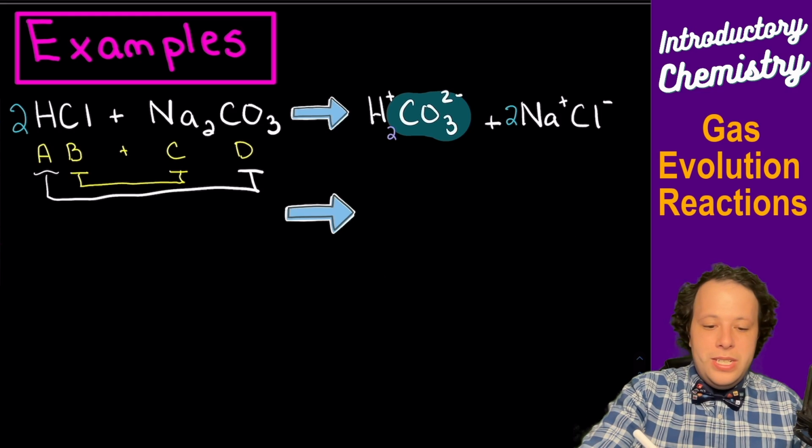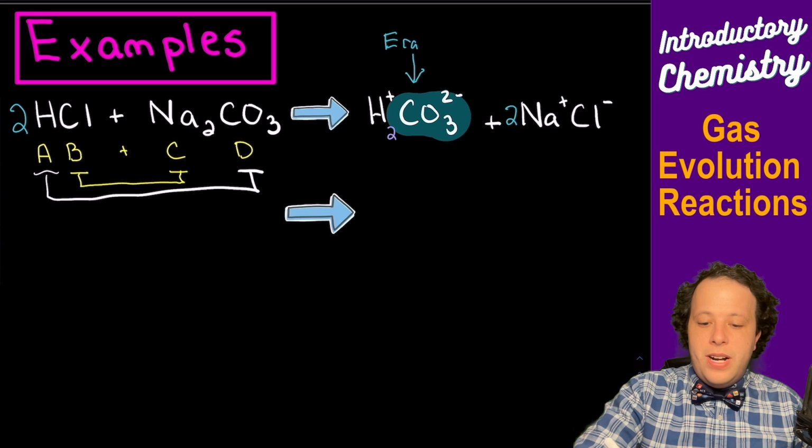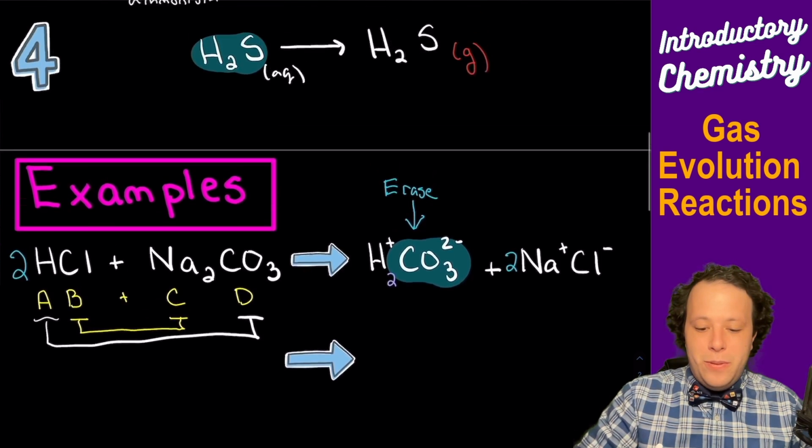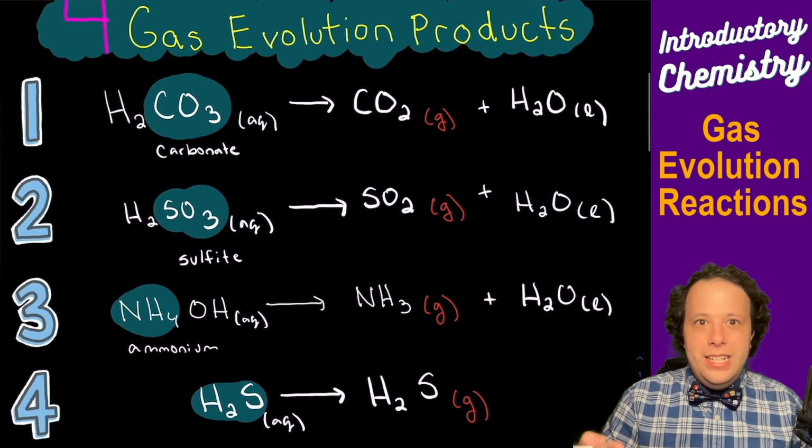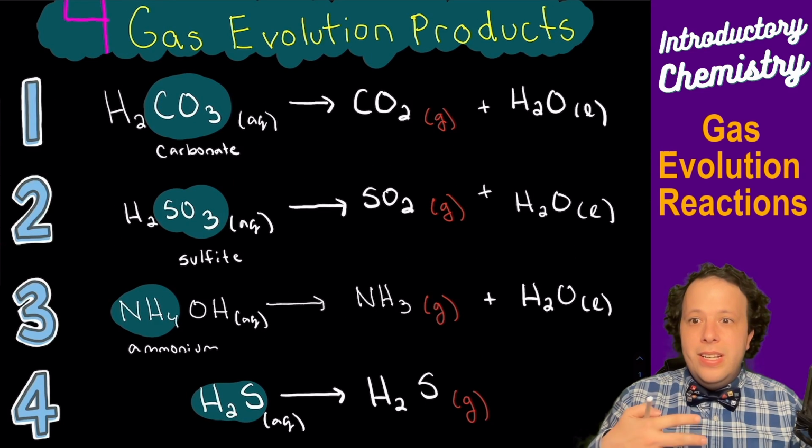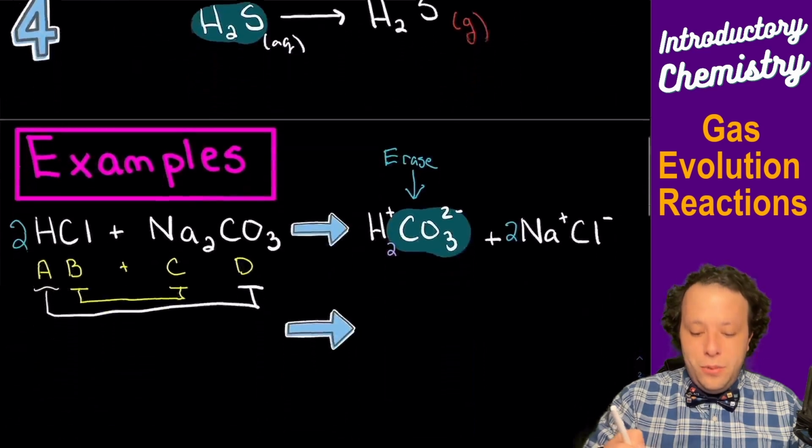Because of H2CO3, we need to erase this product. That is not how it's going to be formed. H2CO3 is our first example. It's going to further break down into CO2 and water.